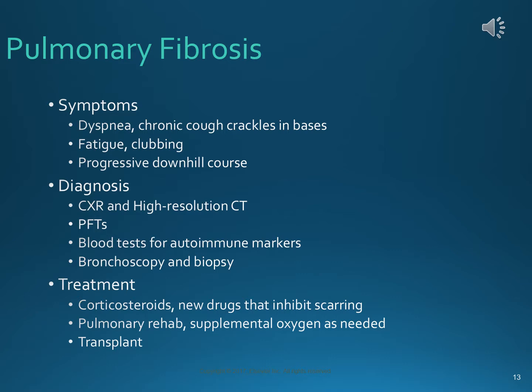Treatment: there are corticosteroids, there are new drugs that inhibit scarring, some new biologics that they use. Pulmonary rehab is very important to remain functional and keep moving. Eventually, they'll all need supplemental oxygen. Sometimes they will even do a lung transplant.